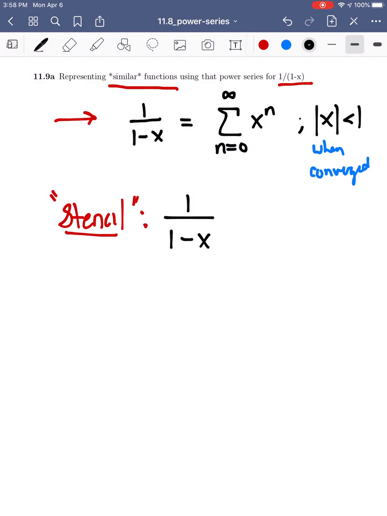But instead of looking at that minus x term, we're going to replace it by open parentheses. So in other words, in our stencil, we're going to replace all the x terms in both the function 1 over 1 minus x and its associated power series with open parentheses.